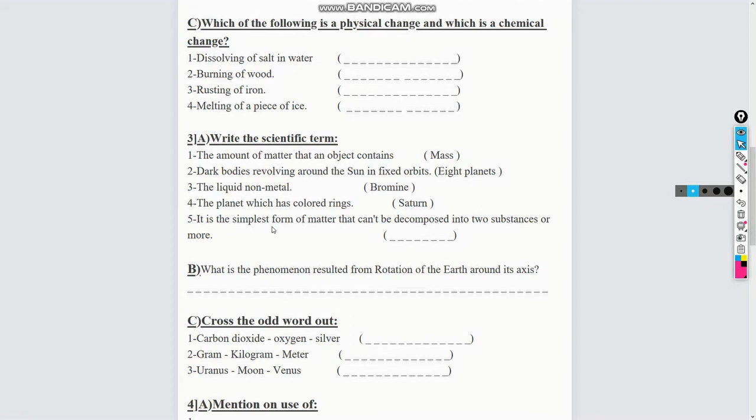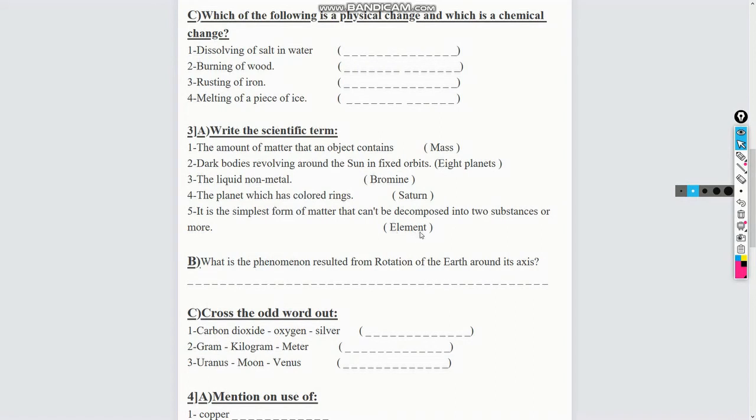It is the simplest form of matter that can't be decomposed into 2 substances or more. And I remember when I discussed it, I said an example like an iron nail.